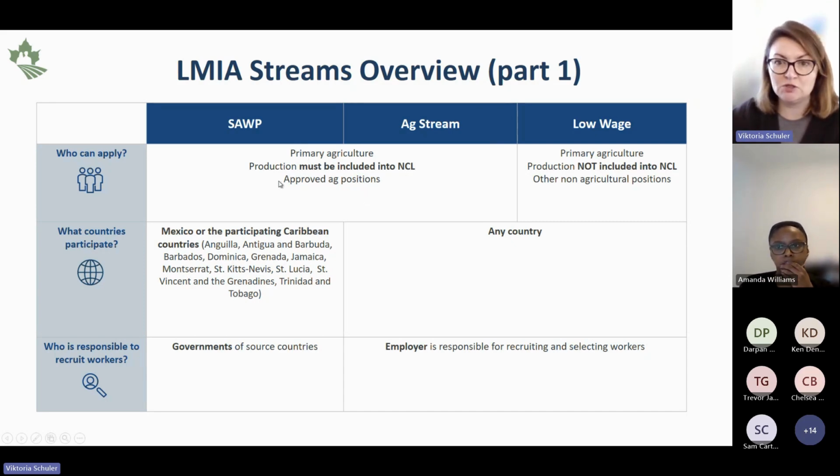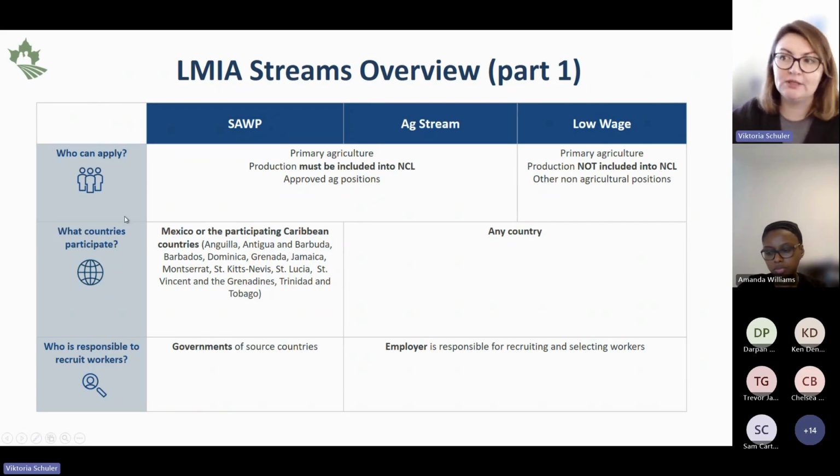And it has to be certain ag positions with certain NOC codes that we covered. For the low wage, the production does not need to be included in the national commodity list, and it could be other occupations. I don't talk much about high wage because from our experience, not a lot of employers are hiring in the high wage, but if there are questions about it, I will be able to answer.